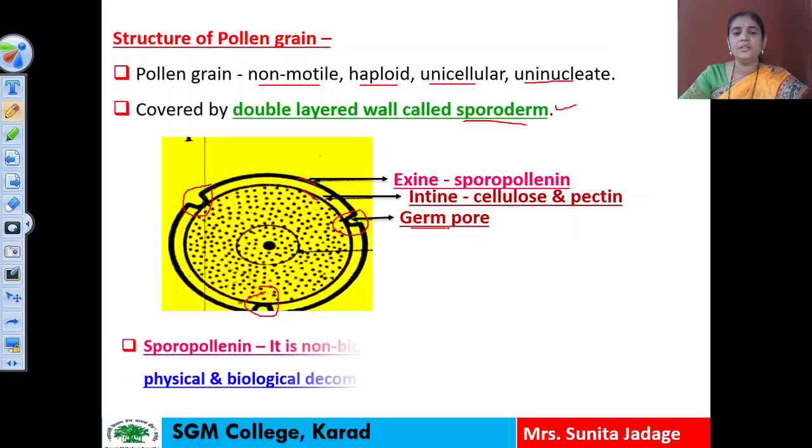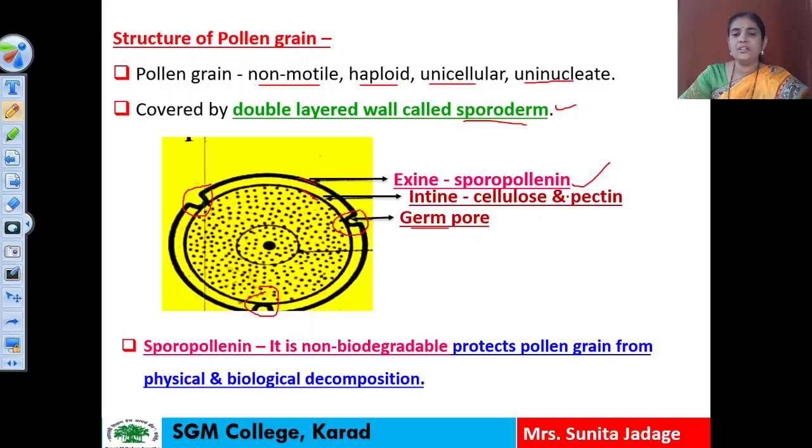And the sporopollenin here has some special characteristic feature. What is that characteristic feature? The sporopollenin is a non-biodegradable substance which is protecting the pollen grain from physical and biological decomposition. So this sporopollenin substance is non-biodegradable, means it is not degraded or decomposed.